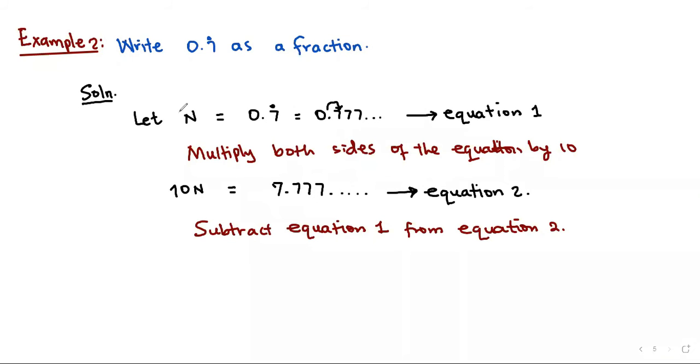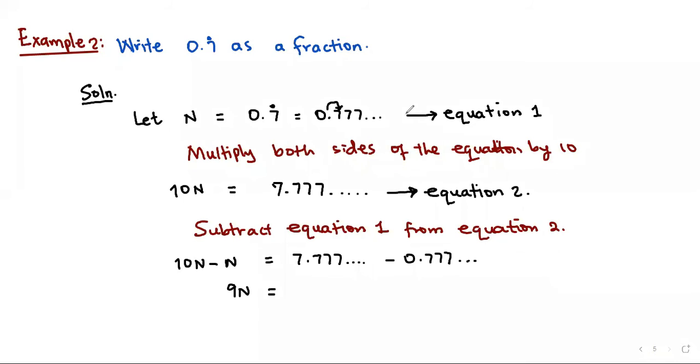And equation 1 is n equals 0.777 repeating. So we will have 10n minus n is equal to 7.777 repeating minus 0.777 repeating. 10n minus 1n will remain with 9n.